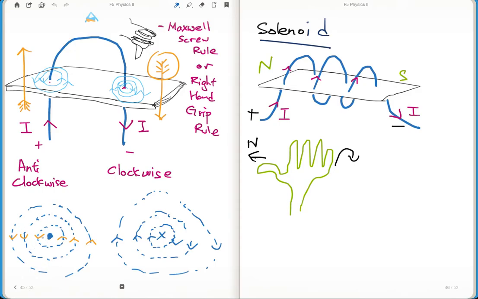Those arrows represent the direction a compass would point: if you put a compass near here, it will point upwards; at the top here, it will point to the left; another compass here will point downwards; and another here will point to the right.